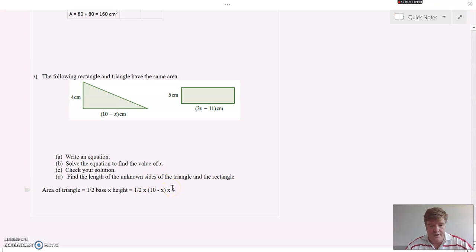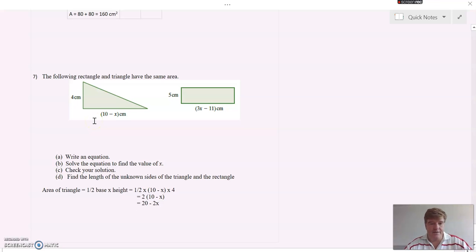A half times 4 is going to give us 2. 2 times 10 minus x. And we can expand these brackets out. 2 times 10 is 20. And 2 times minus x is going to be minus 2x. So that's going to be the area of the triangle, 20 minus 2x.